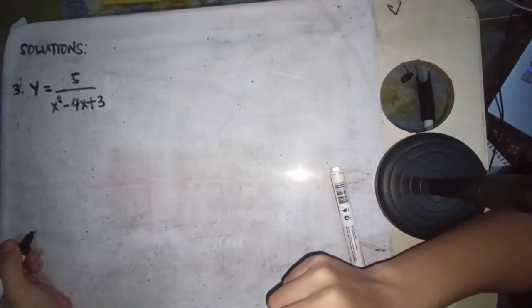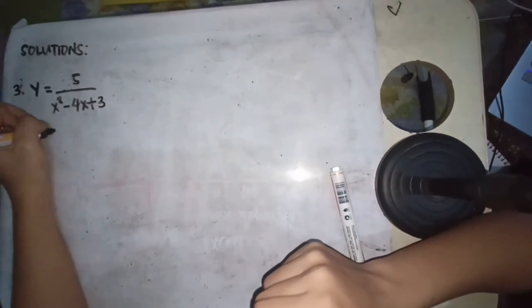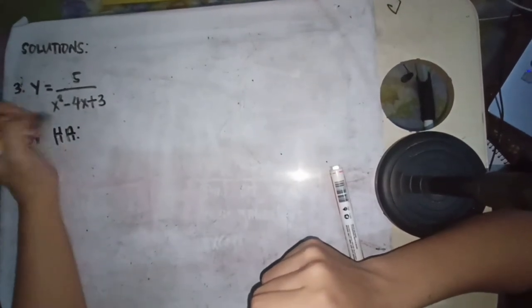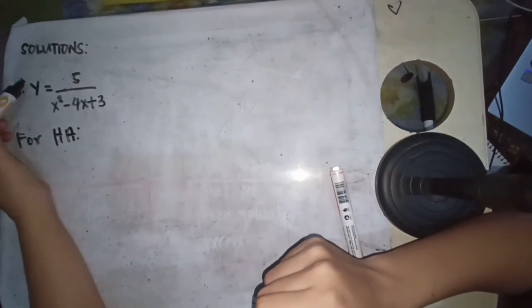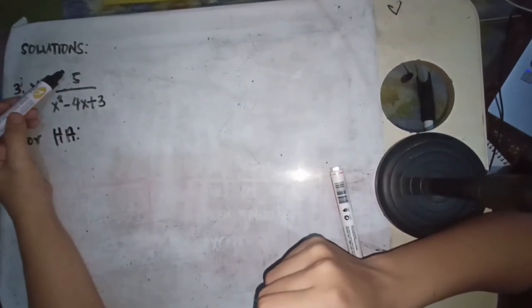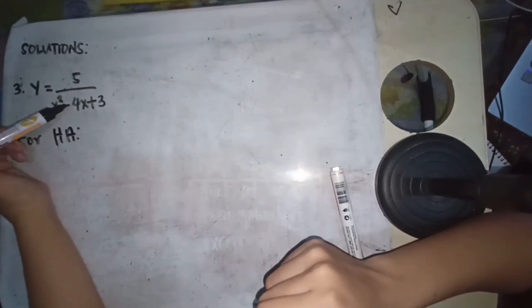minus 4x plus 3. Again, in finding the range of a rational function, the first thing to identify is the horizontal asymptote. Looking at our given for example number 3, we have 5 for the numerator and x squared minus 4x plus 3 as our denominator.